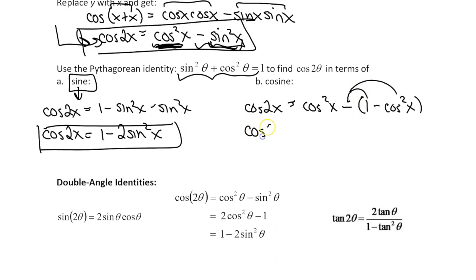We could say cos 2x equals cos squared x minus 1 plus cos squared x. So cos 2x will be equal to 2 cos squared x minus 1.